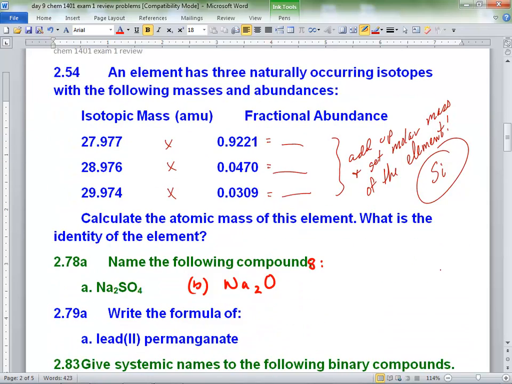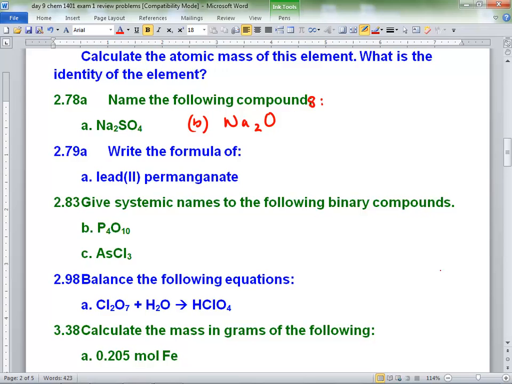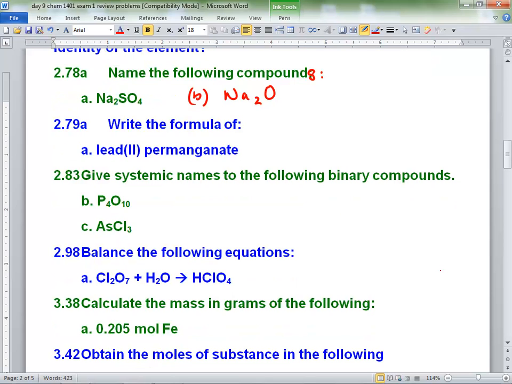Okay. For naming, I guess there was some guidance. How would you name something like this? Jorge, how would you name B? B as in boy.